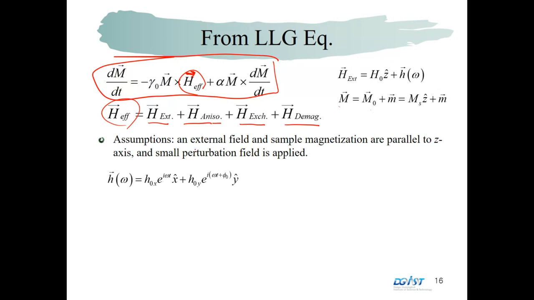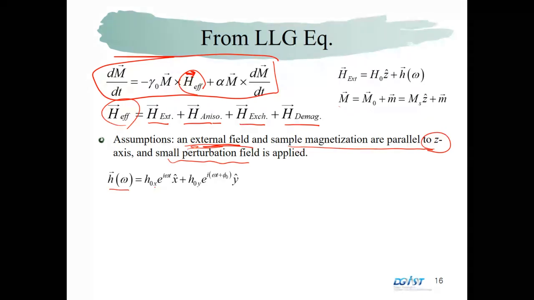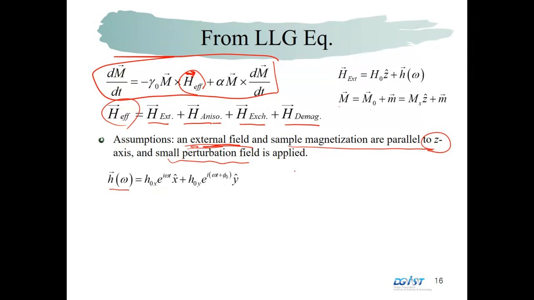And the small external field: the external magnetic field and the magnetization are parallel to the z-axis, and only a small perturbation field is applied. This small applied field, as I already said, is perpendicular to the H0. So it has x and y components.